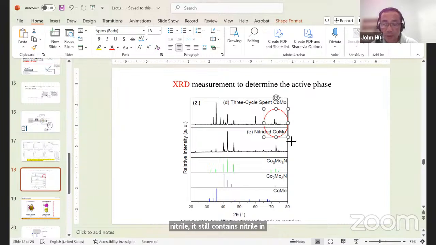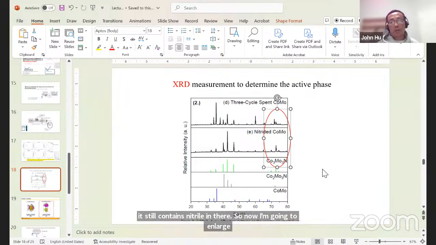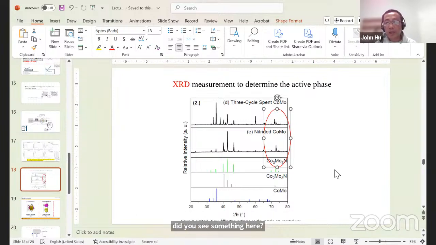So now I'm going to enlarge this. Did you see something here? The spent catalyst has a peak like this, and the standard we bought has a peak like this. What does that mean? That means during the reaction, the spent catalyst has an active structure like this.